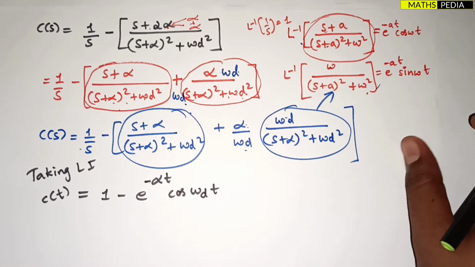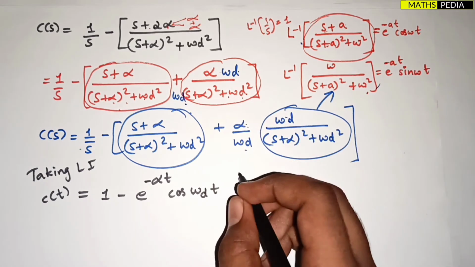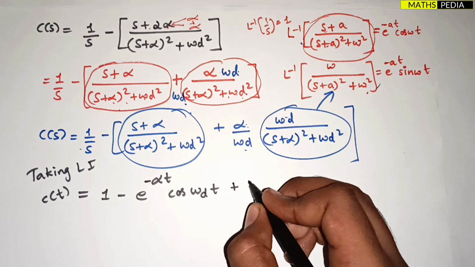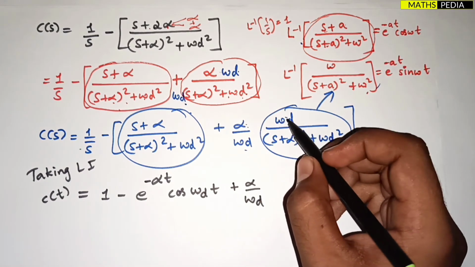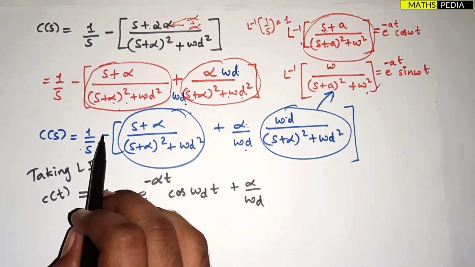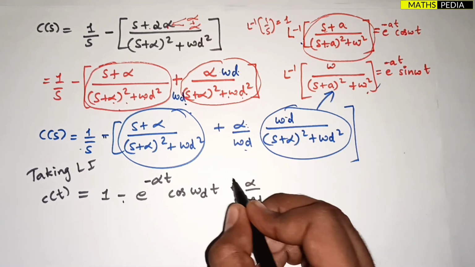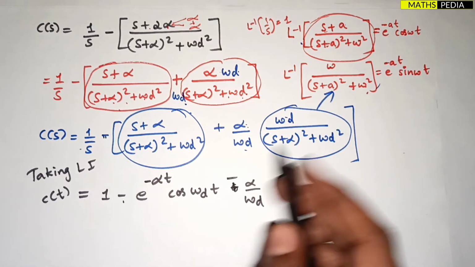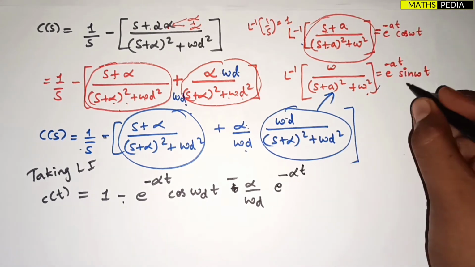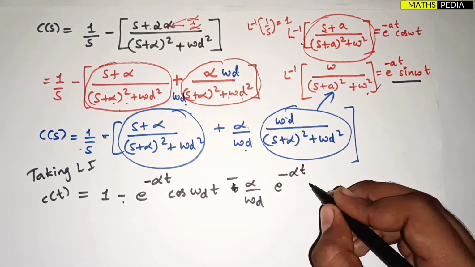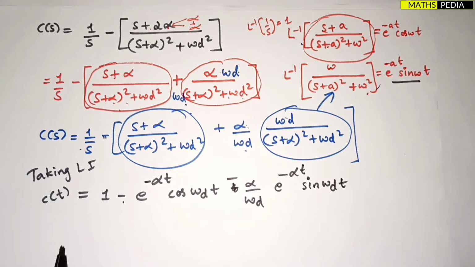Compare and understand the difference of what happens here. Now next thing, here alpha by omega d, so I'll write plus alpha by omega d, and one more thing, this minus sign is there, so I'll take the minus sign inside. Minus I have taken here, minus also I'll take here, this becomes minus, bracket is there. Now this thing I can write as e power minus alpha t sine omega d t. So this will be the final thing.